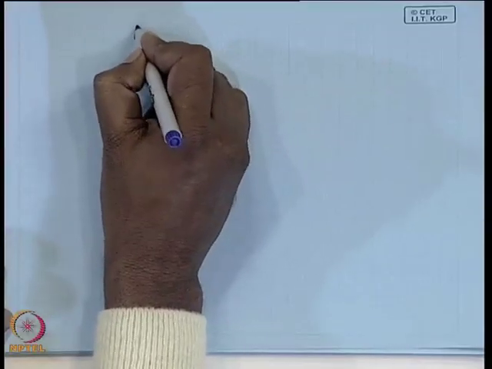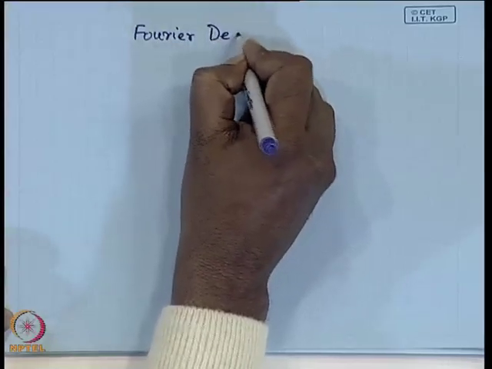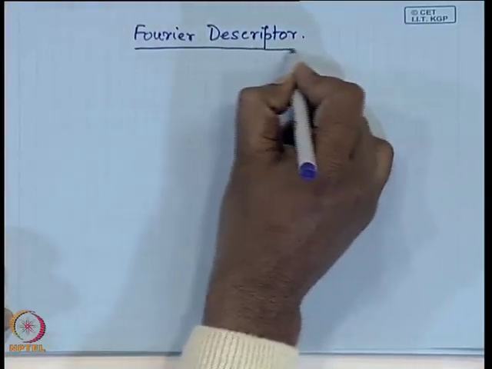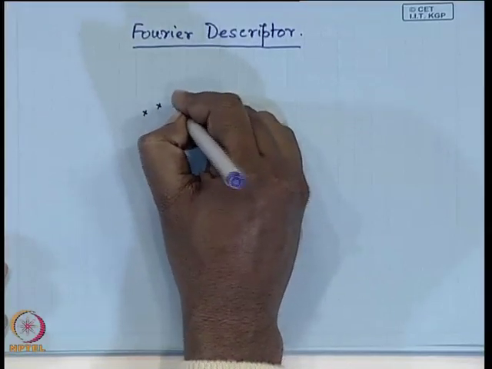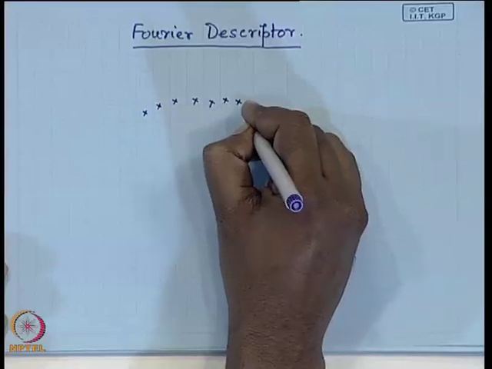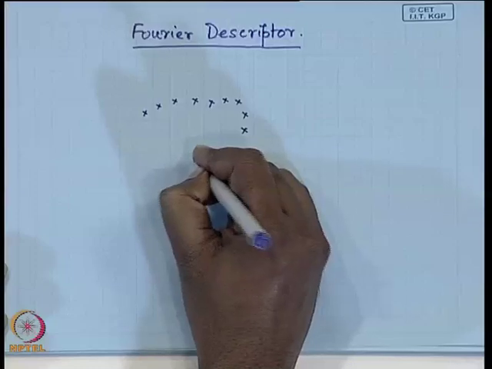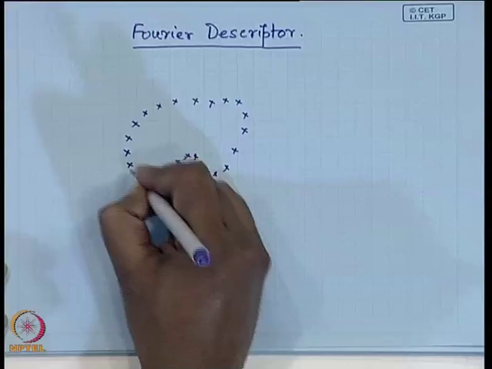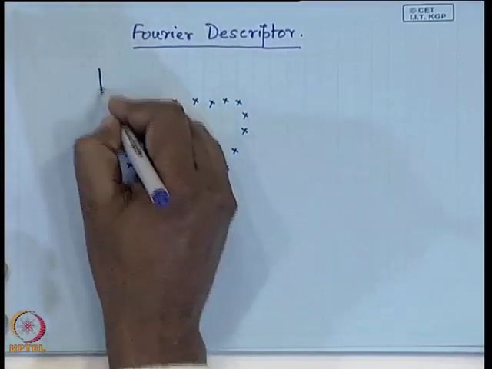Similarly, I can have other features. The other one is the Fourier descriptor. So, what is a Fourier descriptor? Let us assume that we have a number of boundary points, like this, in two dimensions.